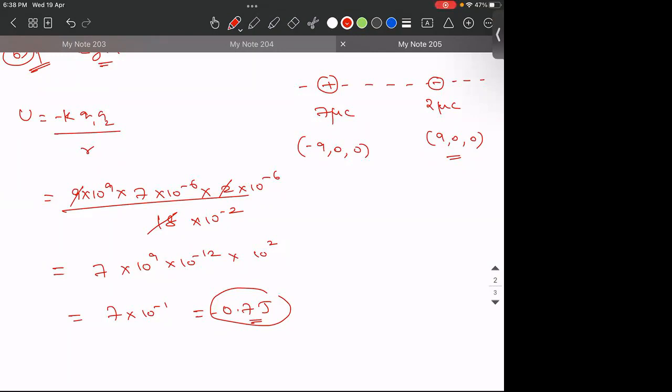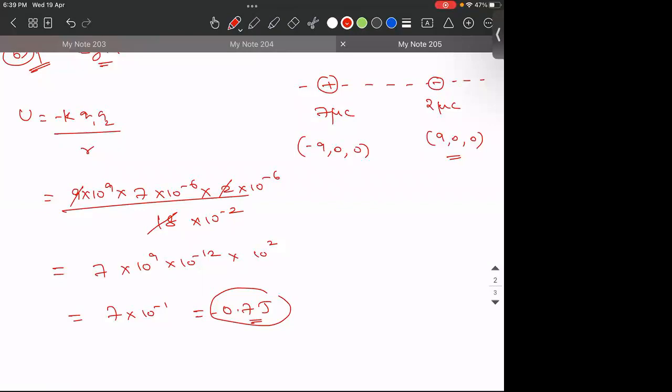So here I will take the minus sign, because there the work done was that you got the minus sign because of the work done by the external force. Here it is the work done by the field itself. So there if you take minus, here if you take this. That's what, minus 0.7. Magnitude wise 0.7. That's it.